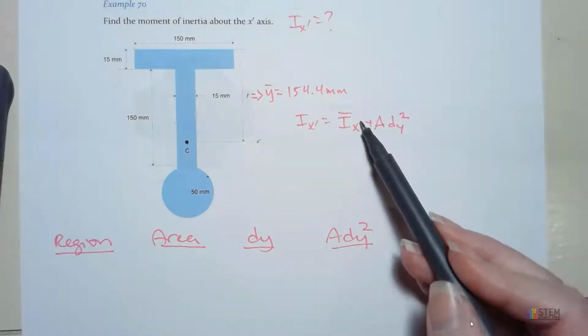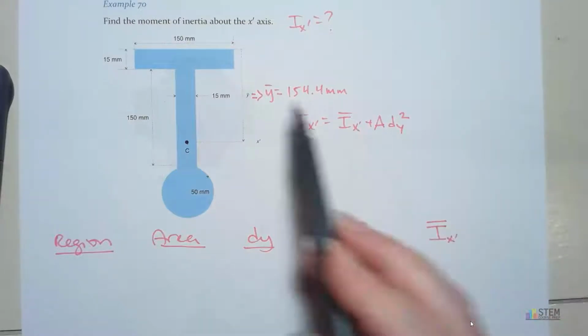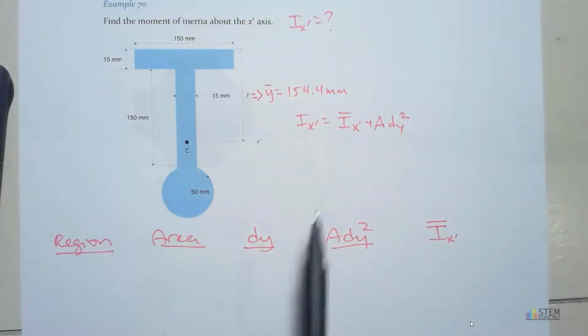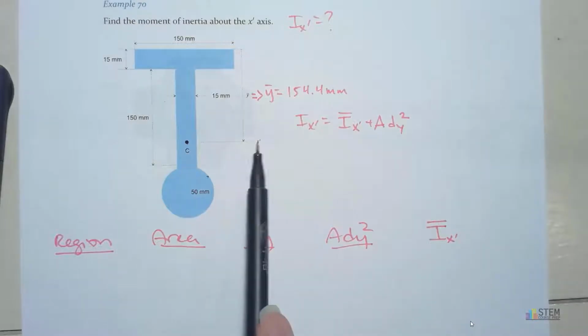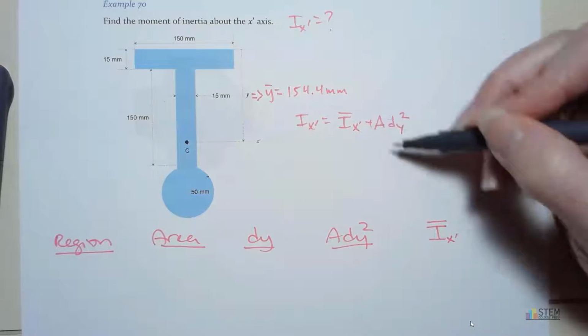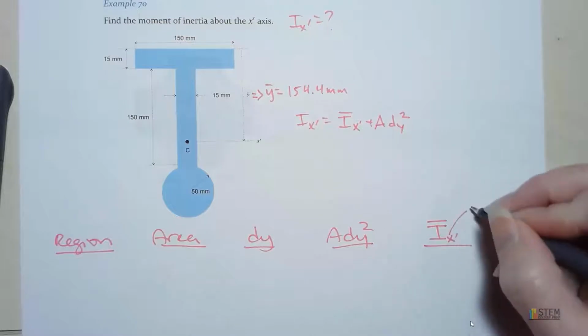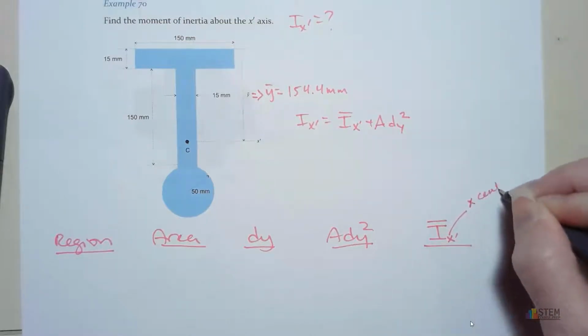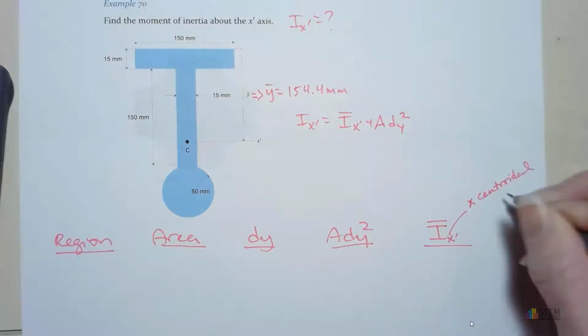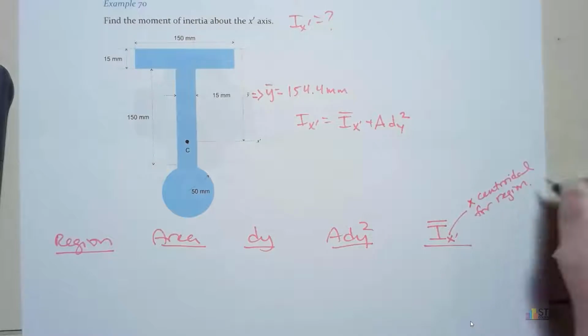Now, this x prime is the x prime for the centroidal axis of each shape, so don't get it confused with this x prime here. All right, so if it's easier for you, you might want to leave it off. Let's make a note. This is the x centroidal axis for each region.